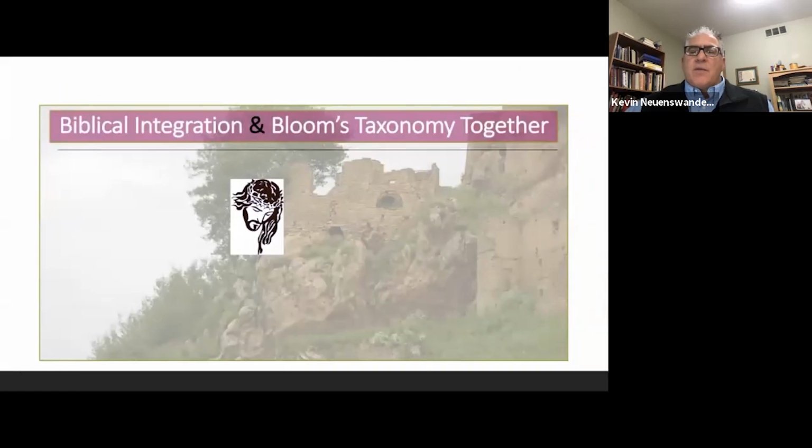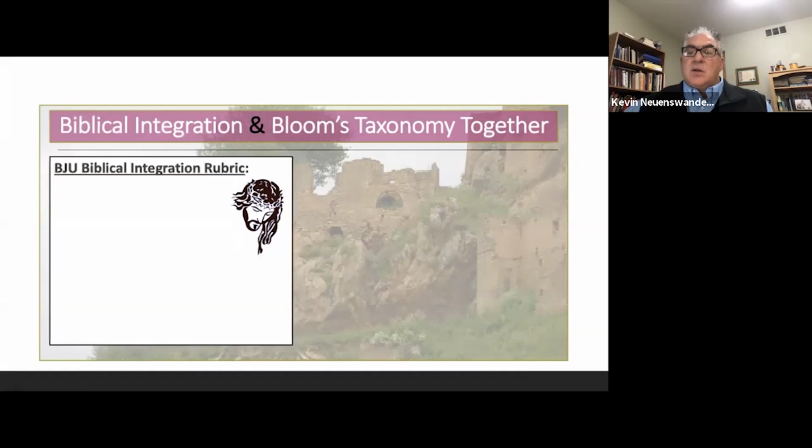So the goal is to have worldview shaping, so biblical integration and Bloom's taxonomy together, or cognitive levels of thinking together. Our job as Christian educators is to show and train our students how to think biblically in all the areas of our lives.